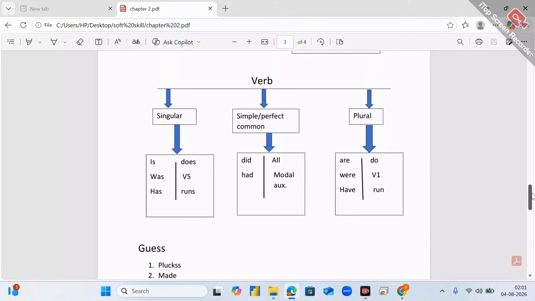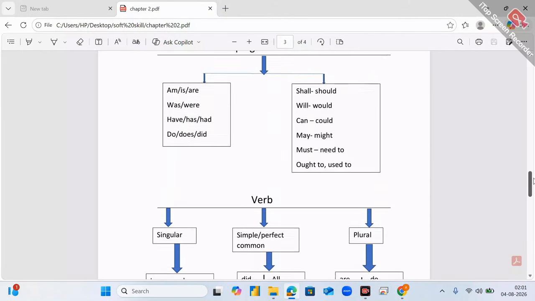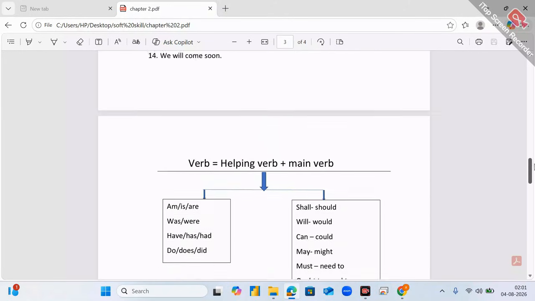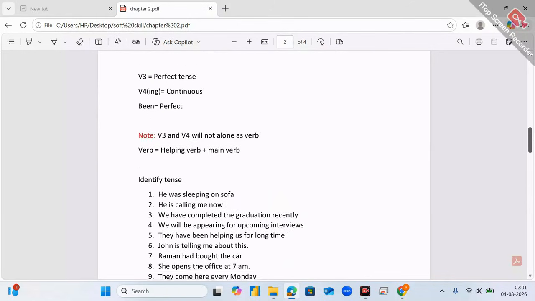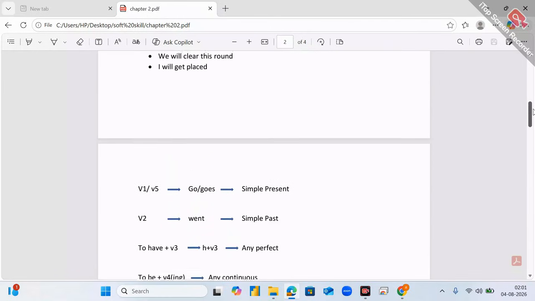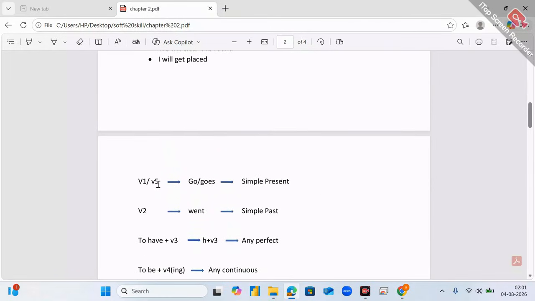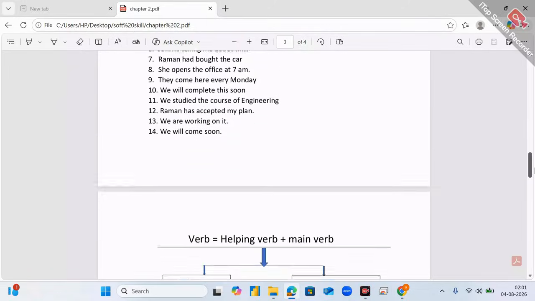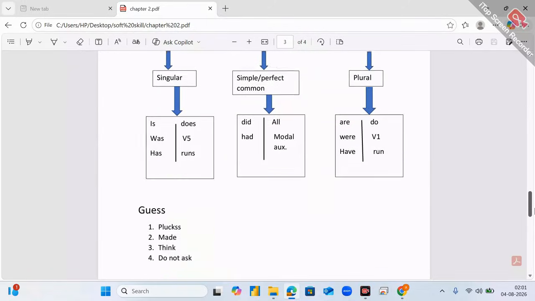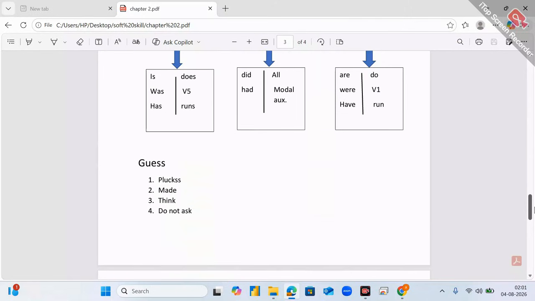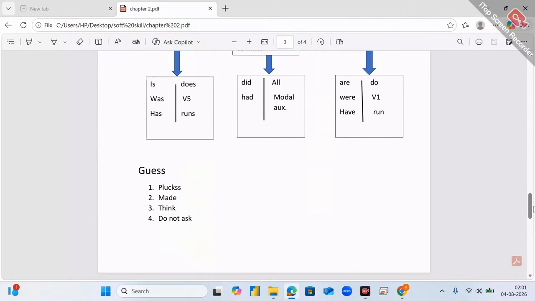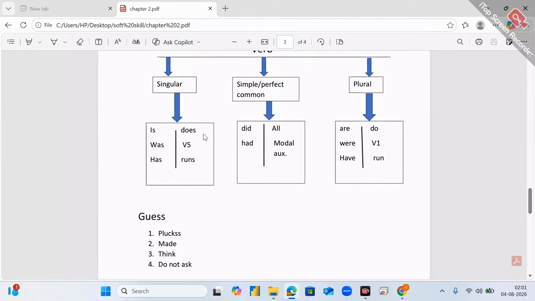Yes, V5. You can check by scrolling up. V1 or V5 is in simple present tense. So plucks is the simple present tense. Whether it is singular or plural, it is singular.